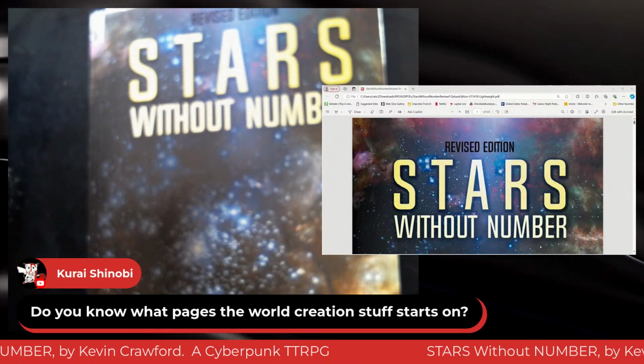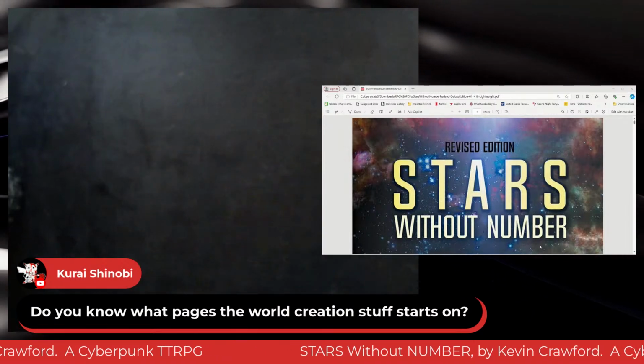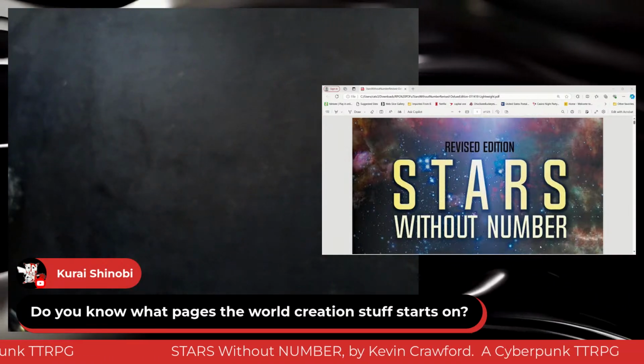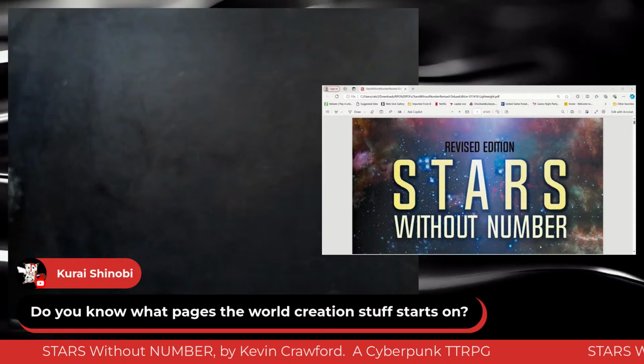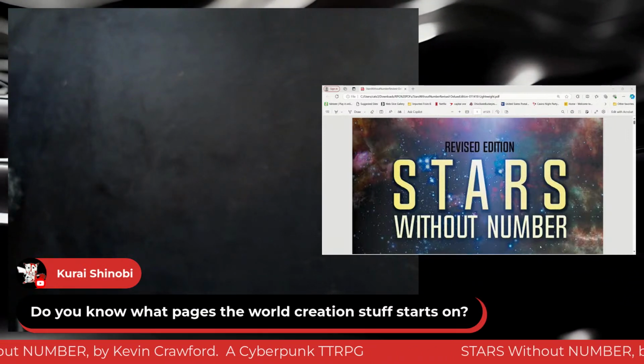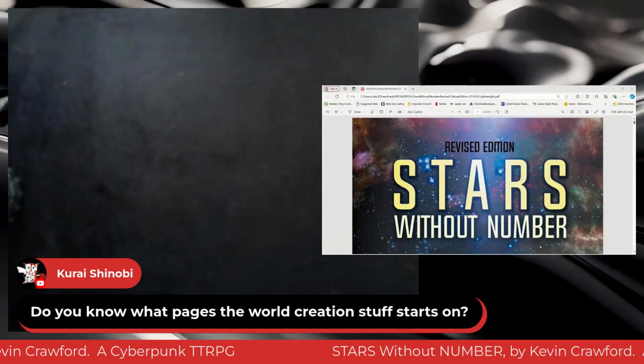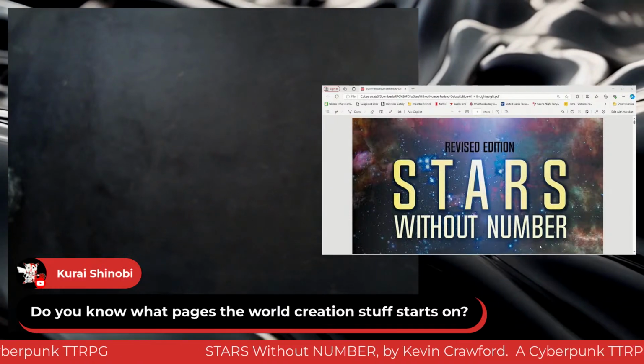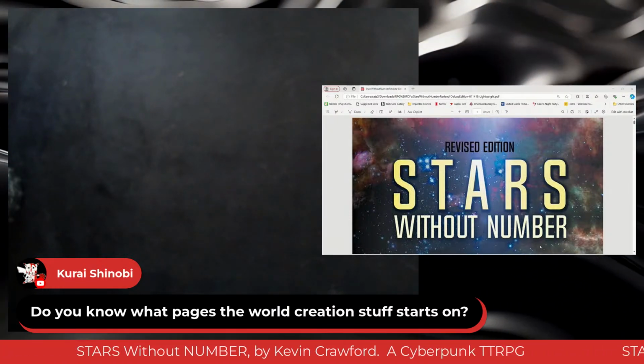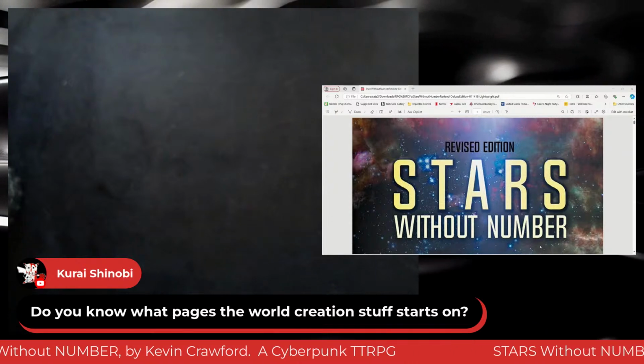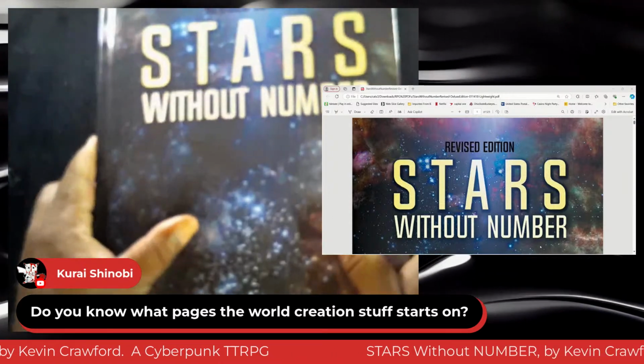I'd start from there, because when you start on page 128, that's sector creation. So it starts big and then zooms in. You get sector creation, world tags, then you get into points of interest, aliens, tech level, blah blah blah.